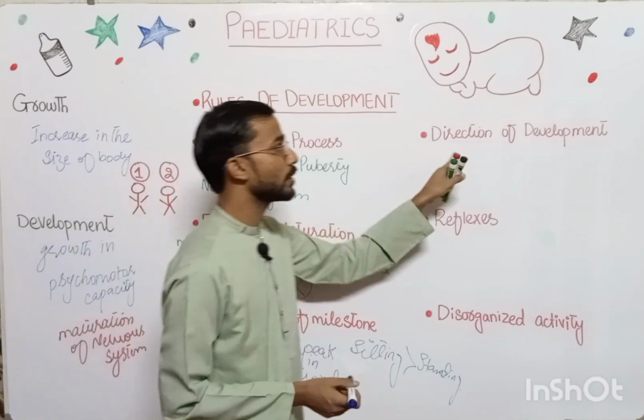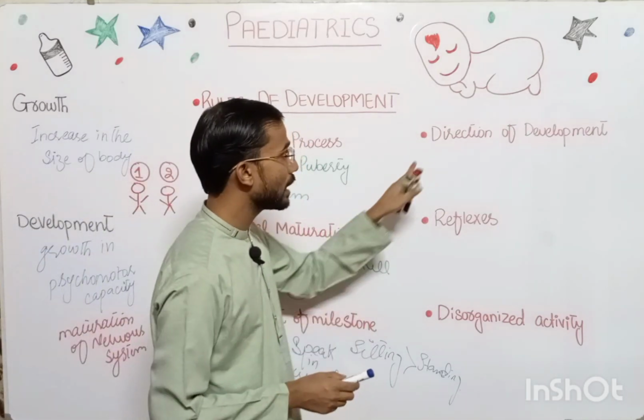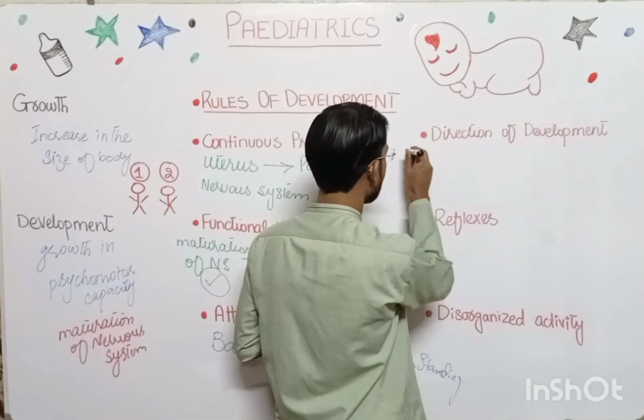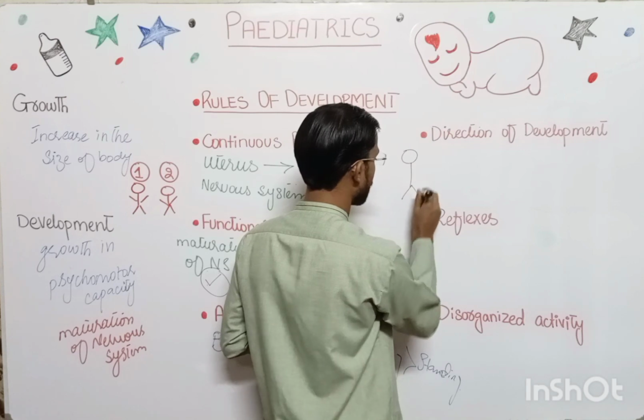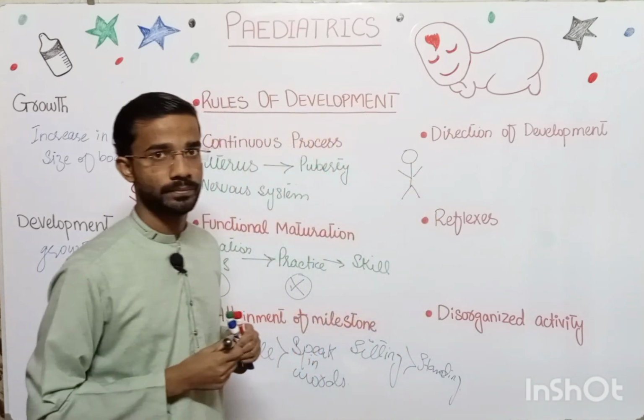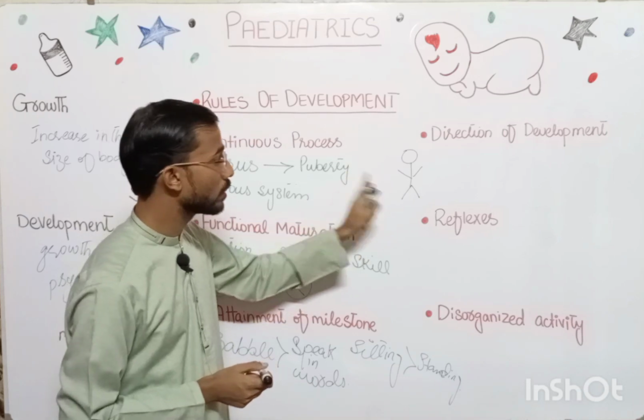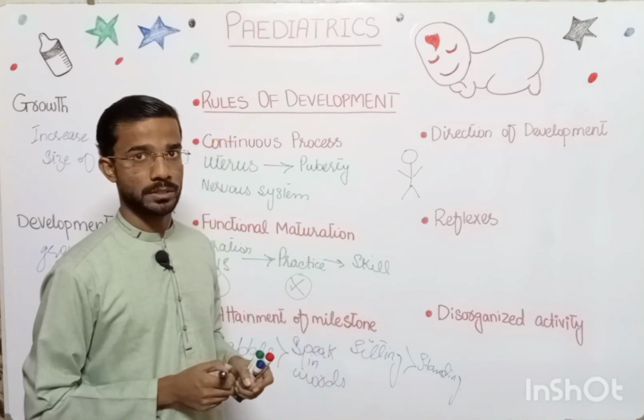Next is the direction of development. So for direction of development, you can see that here is a child. It can develop or grow in two directions.